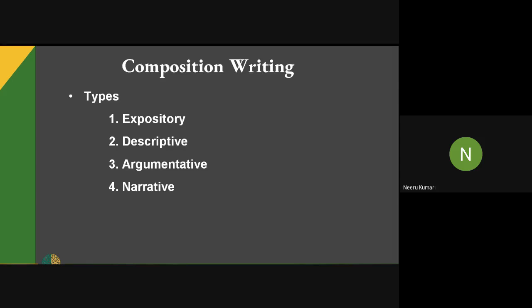Say for example, you are describing the rangoli that is drawn by you, the picture that you have seen, the photo that was clicked by you, or the video that was shot by you. So whenever we are talking about descriptive composition, the topics are described in detail.